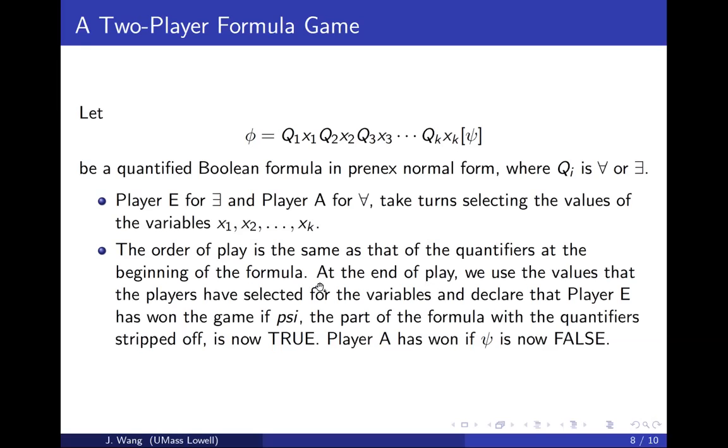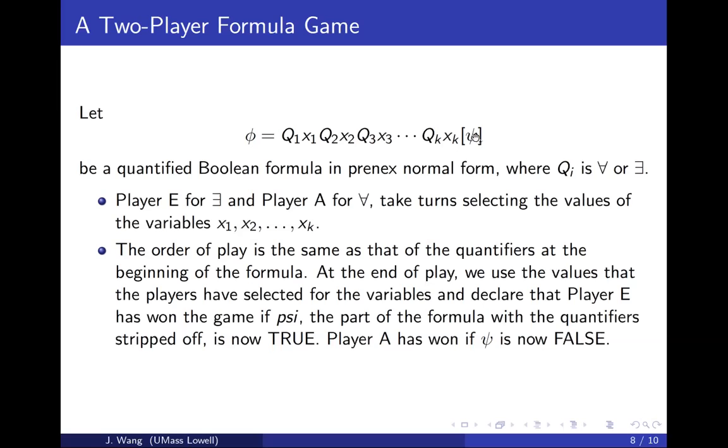At the end of the play, we use the values that the players have selected for the variables. That means we have a chosen assignment, so we can evaluate the formula under that chosen assignment. This should be psi, a Greek letter psi.